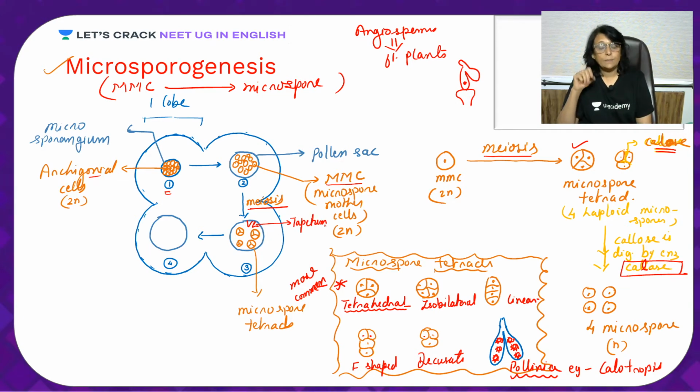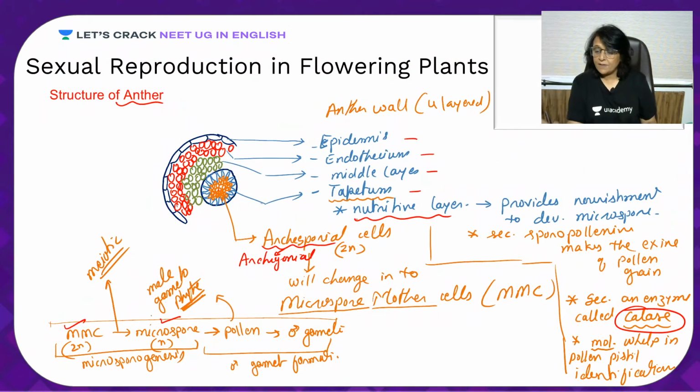So tapetum or tapetal cells secrete these enzymes. They do many jobs, and we have written a list of things which are done by tapetum. It is a nutritive tissue. It secretes sporopollenin, which we will talk about in some time, the enzyme callase, and also helps in pollen-pistil identification.